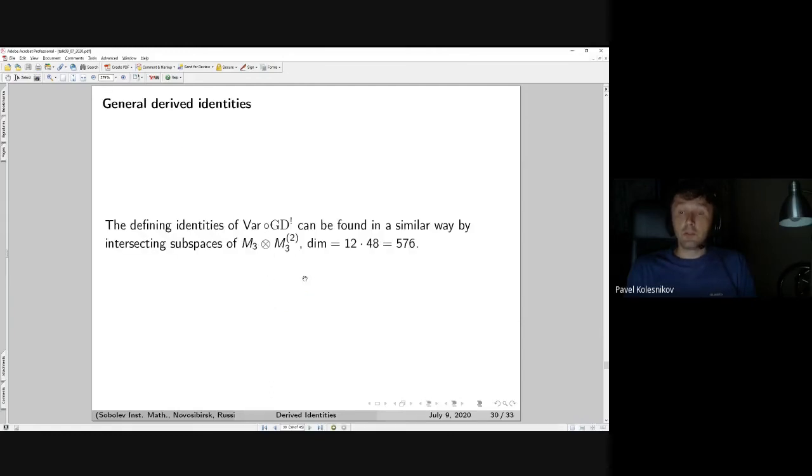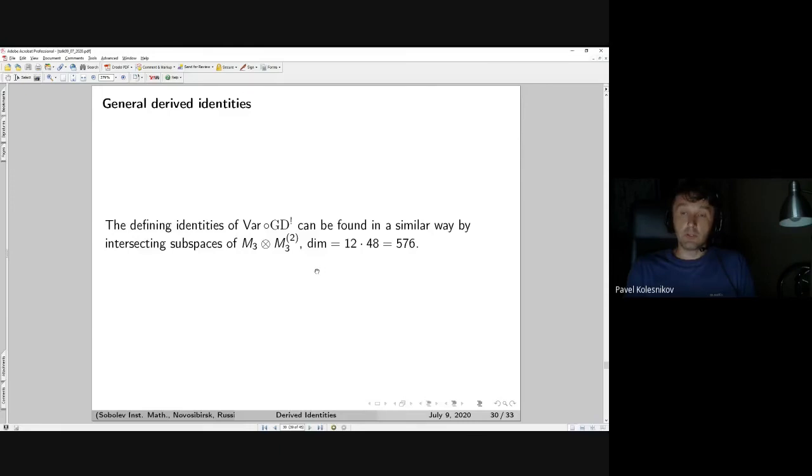In order to get the same for general derived identities, the only thing to change is that instead of M3 tensor M3, we have this GD, not from M3, it has two operations. So that will be M3 tensor M3,2, which is of higher dimension, but still this is a standard linear algebra problem.